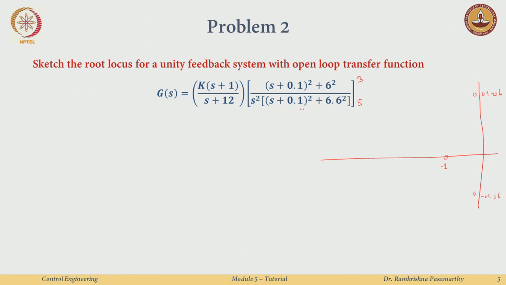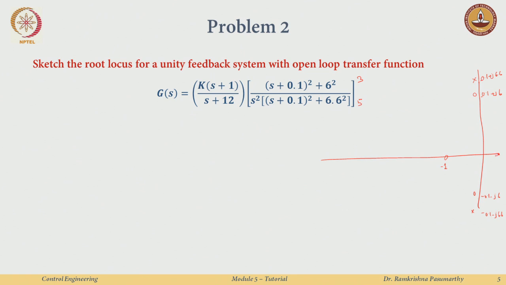Now, these 2 will tell me that there is a pole. Again, I am not drawing to scale, but just to make this a little more visible, 0.1 plus j6.6, and here is minus 0.1 minus j6.6, and somewhere here is my origin.